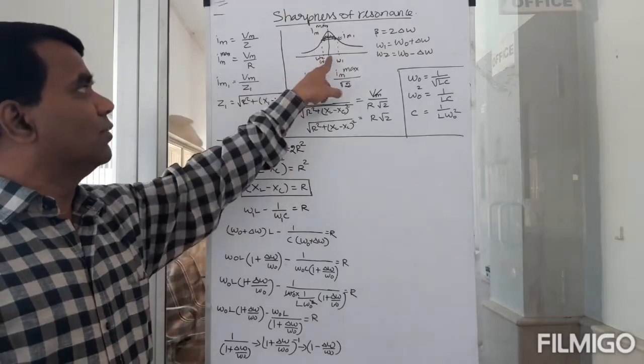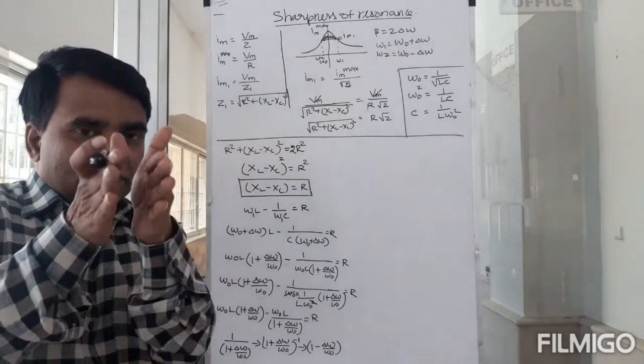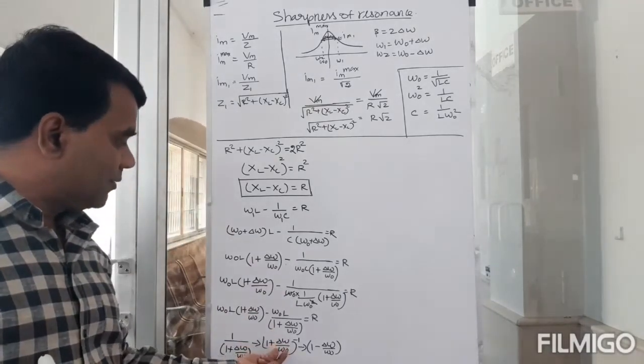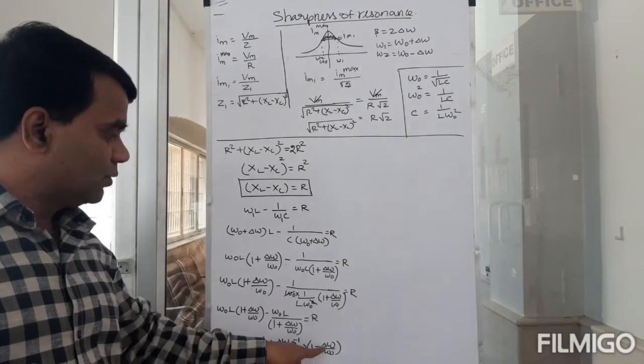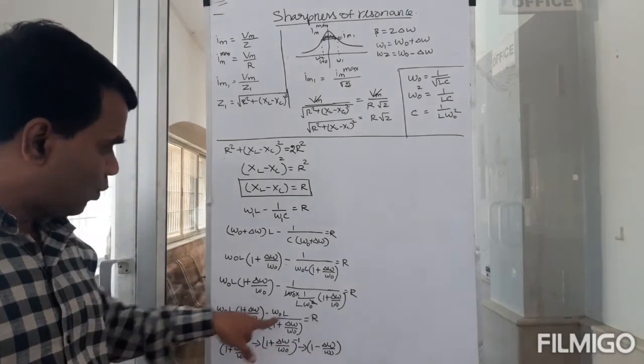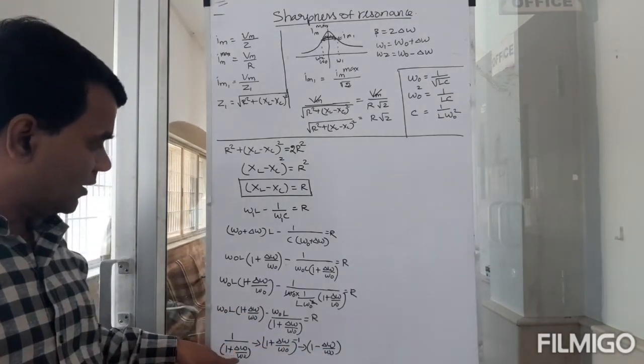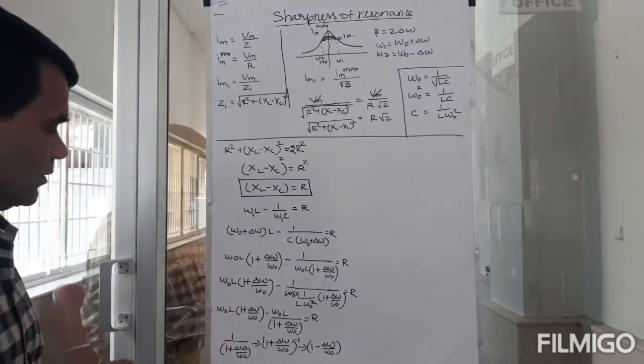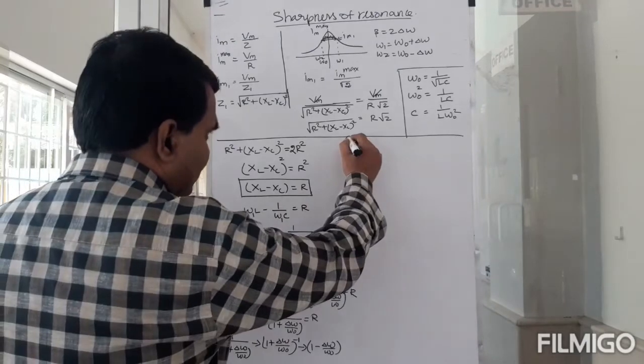Omega naught is a very high quantity and delta omega will be a small number. So delta omega by omega naught is very small. So effectively 1 by 1 plus delta omega by omega naught will become 1 minus delta omega by omega naught. Okay, so that is what I will make you see.